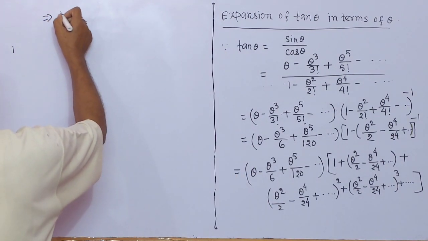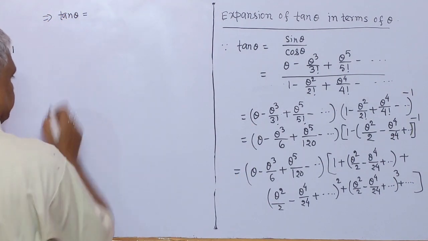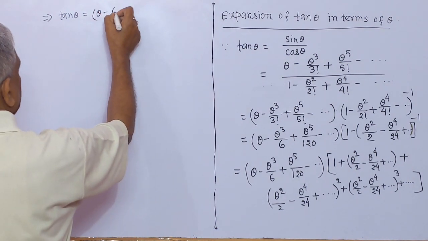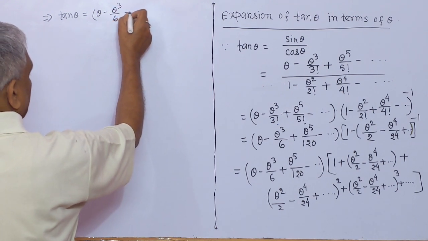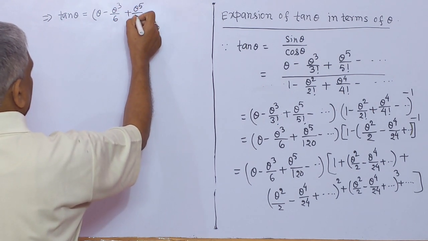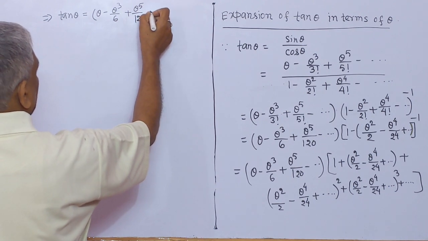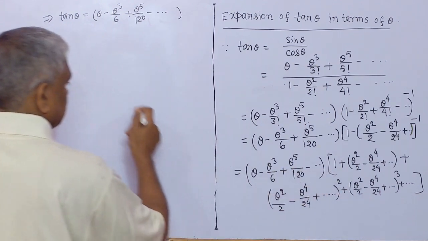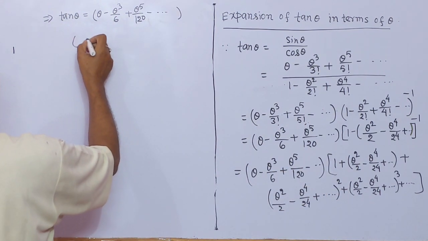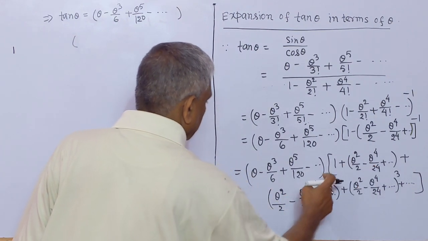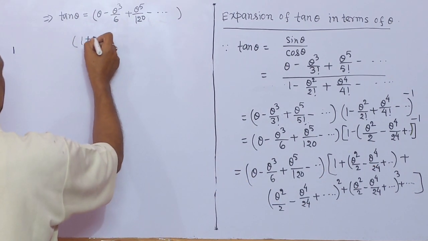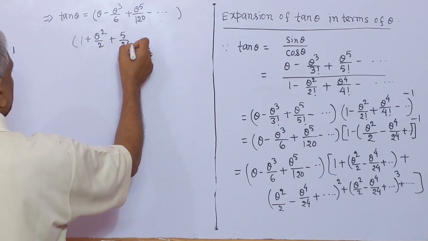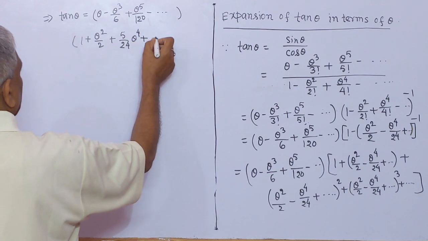This implies that tan theta equals theta minus theta cube by 6 plus theta to the power 5 by 120 minus dot dot dot dot, multiply 1 plus theta square by 2 plus 5 by 24 theta to the power 4 plus dot dot dot dot.